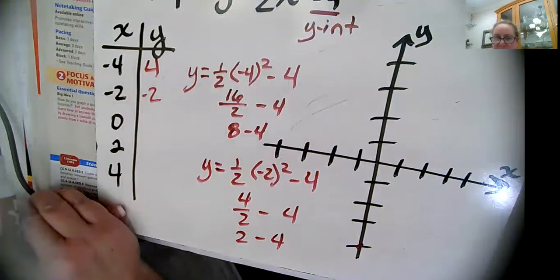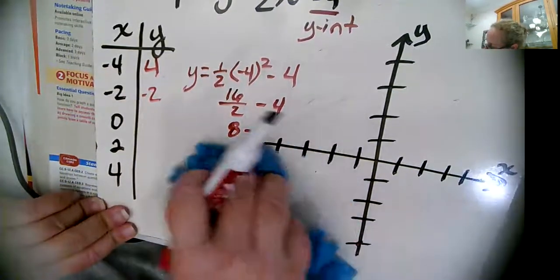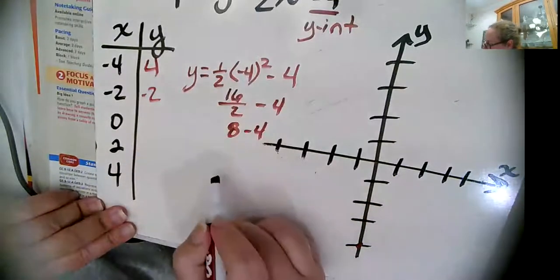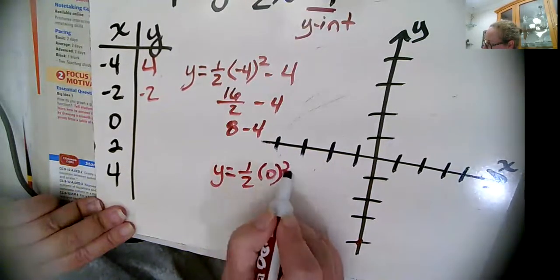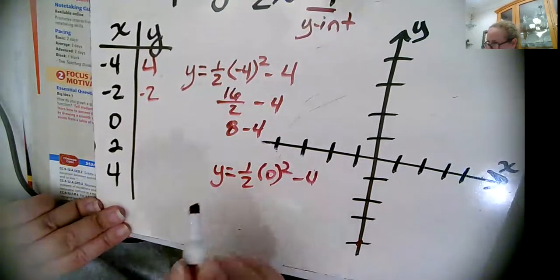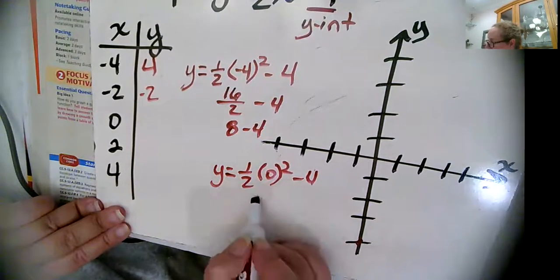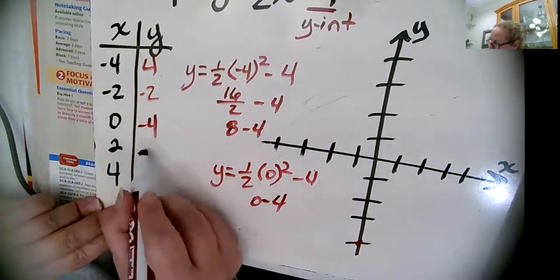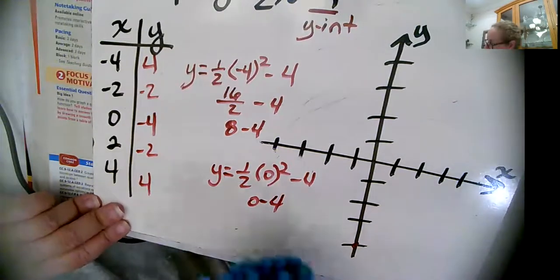Yeah, that's fine. Correct. Now I'm going to erase this. Let's plug in 0. Well, 0, we know it's just going to be -4, but I'll plug it in. 1/2 times 0 squared minus 4. 0 squared is 0. 0 times 1/2 is 0. 0 minus 4 is -4. And then we have this mirror image of -2 and -2, and 4 and 4.